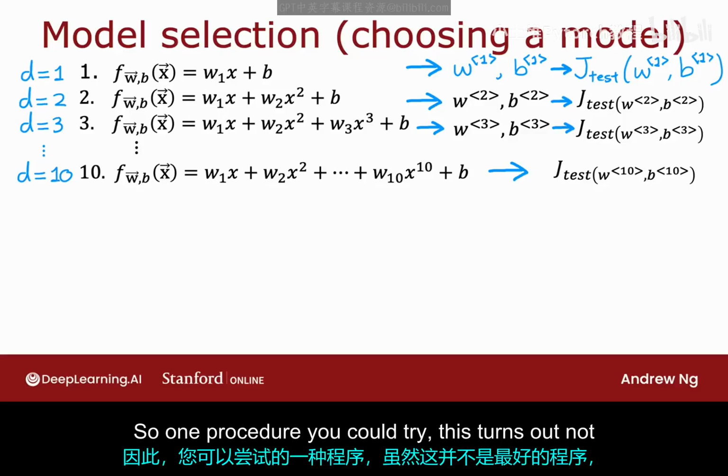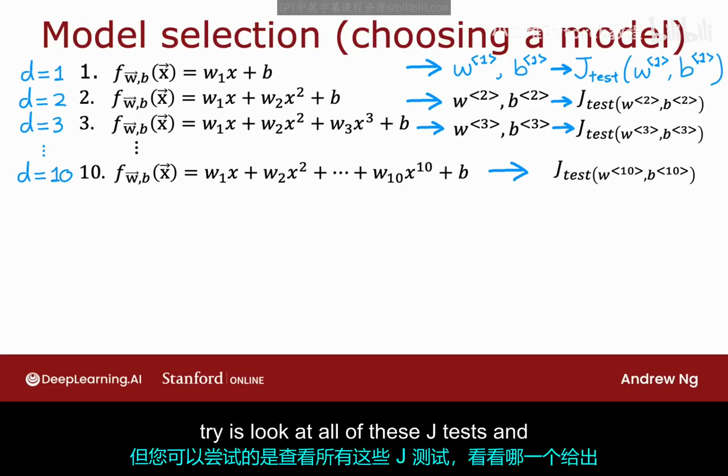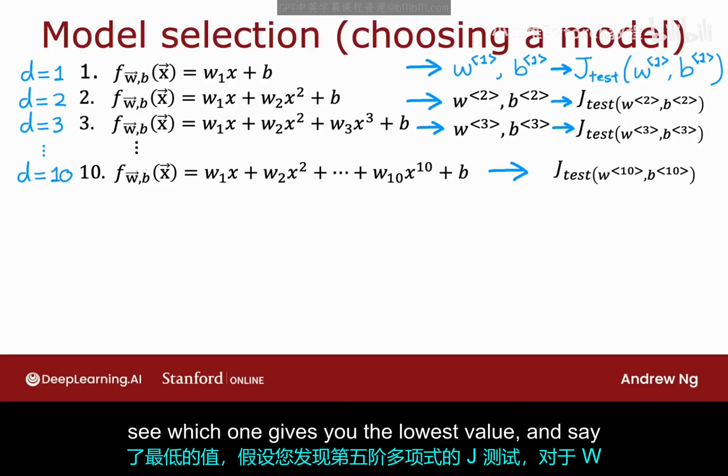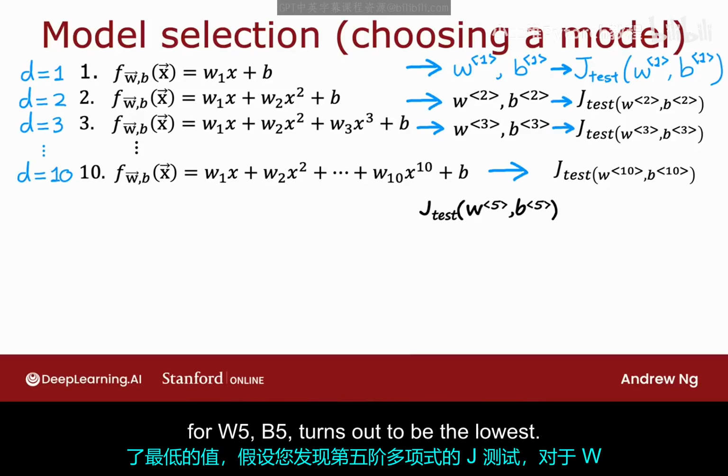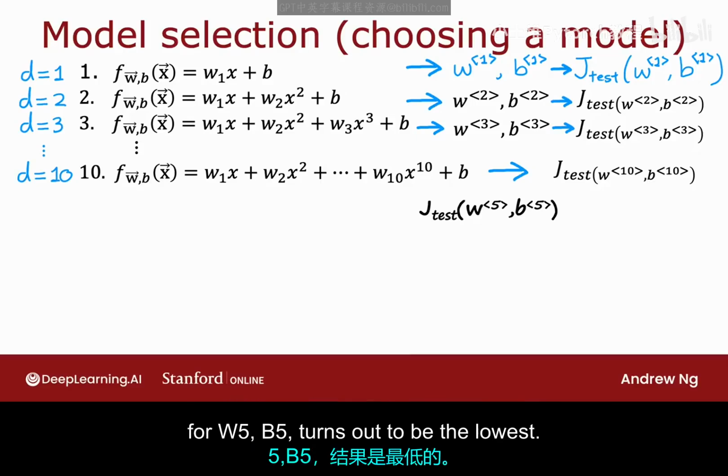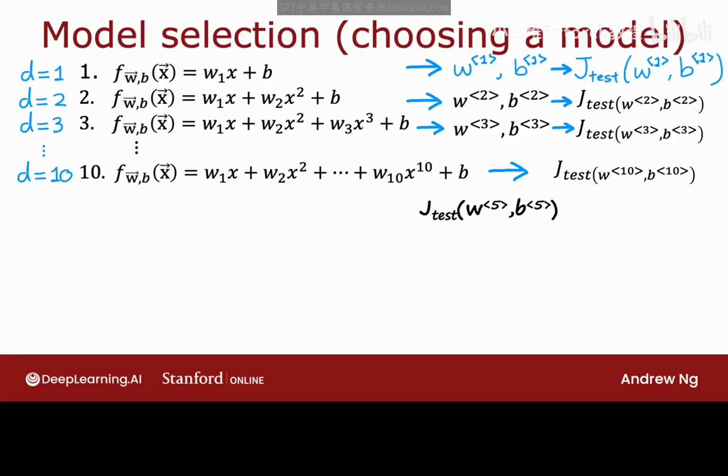So one procedure you could try, this turns out not to be the best procedure, but one thing you could try is look at all of these J-tests and see which one gives you the lowest value. And say you find that J-test for the 5th order polynomial, for W5, B5, turns out to be the lowest.